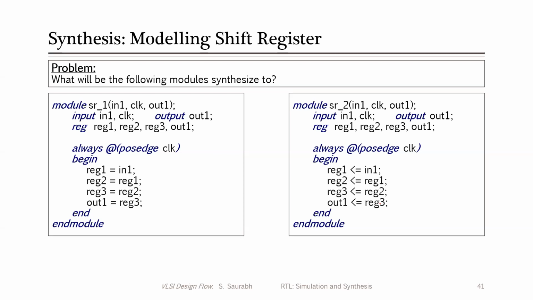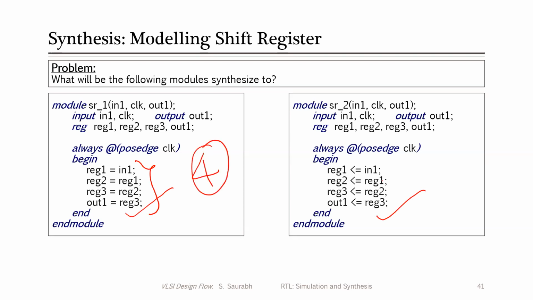The first one is D flip-flops. And in the second one, how many flip-flops will be there in this case? So 4. Here you will have 4.